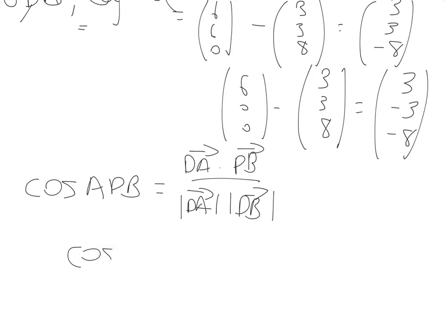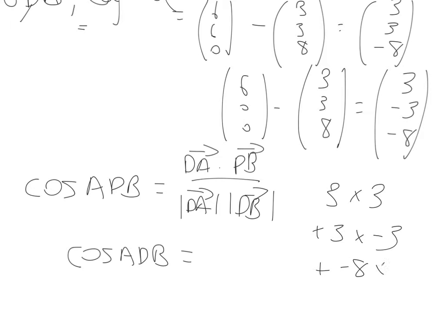So that's scalar product for the first bit, so that's going to be 3 times 3 plus minus 3 times 3 plus minus 8 times minus 8. And that will give me 64. So the scalar product is 64.